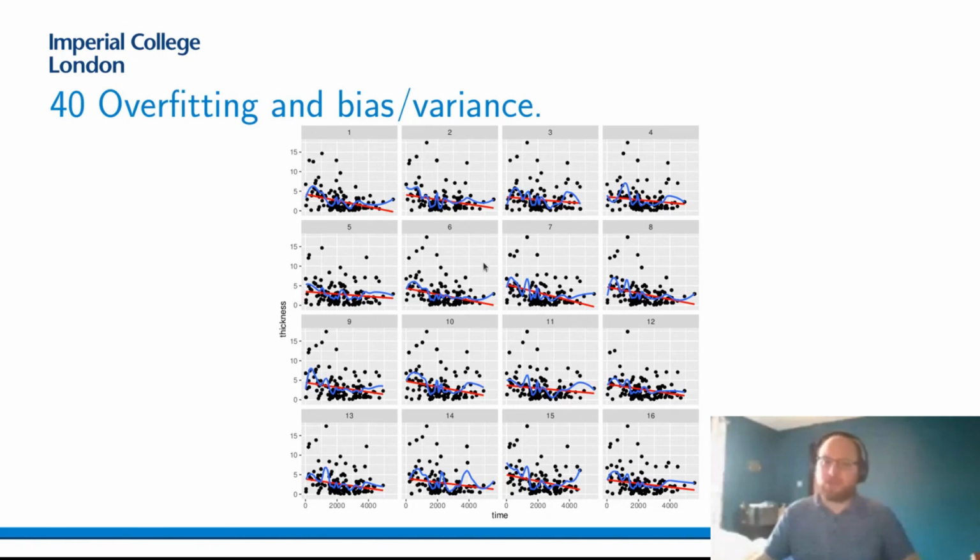On the other side, we've got these red lines, these linear models. We can see that resampling the data, these linear models are nearly all the same. They're all a straight line going downwards at about the same rate. So this is a model that isn't high variance, but the downside is we're always getting it wrong in the same ways.